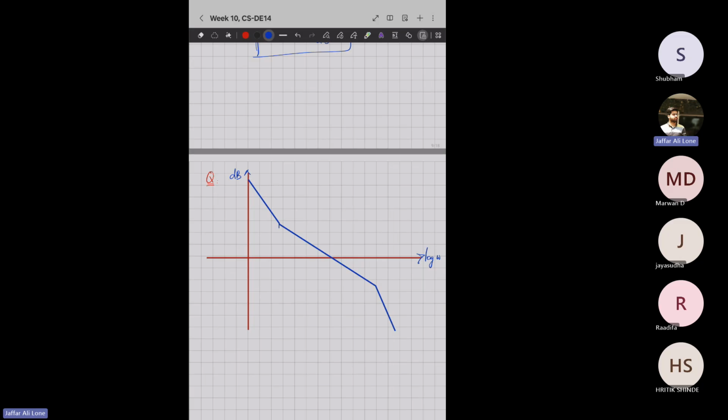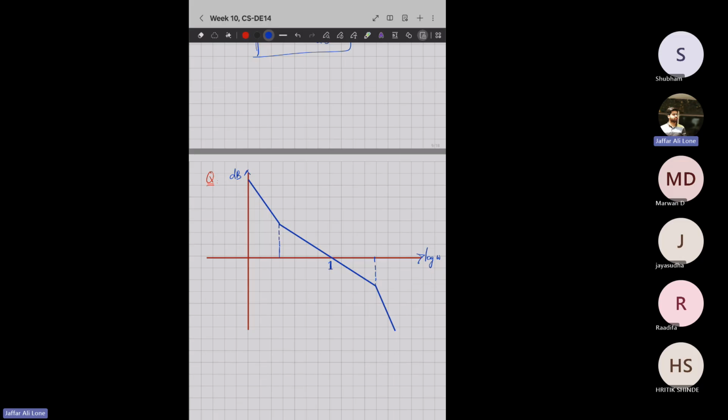Now you have to locate corner frequencies. So there are 2 corner frequencies, right? And this point is 1. This is a very interesting question.